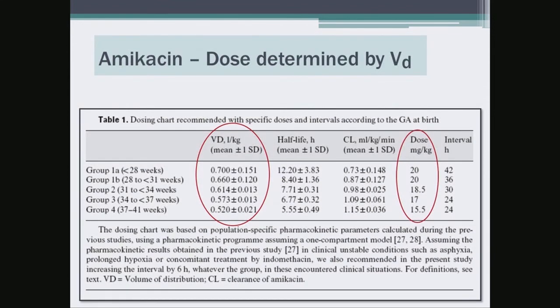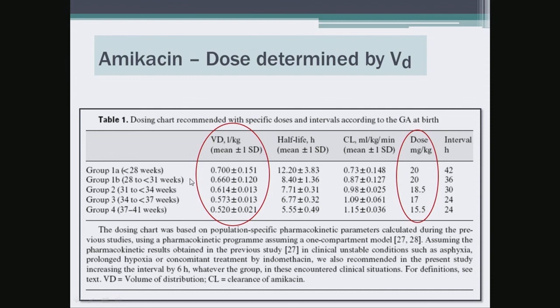So the dose of aminoglycosides, such as amikacin, is determined by the volume of distribution. So here's a study from several years ago from Karl Allegaert, and you can see that the volume of distribution over here on the left is directly related to gestational age. And it is the largest per kilo in the smallest babies.